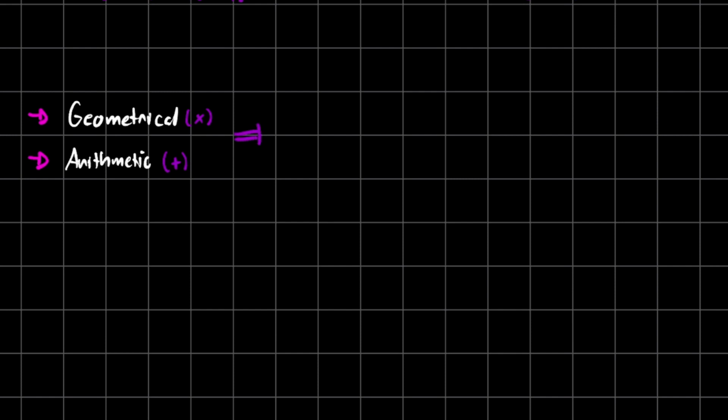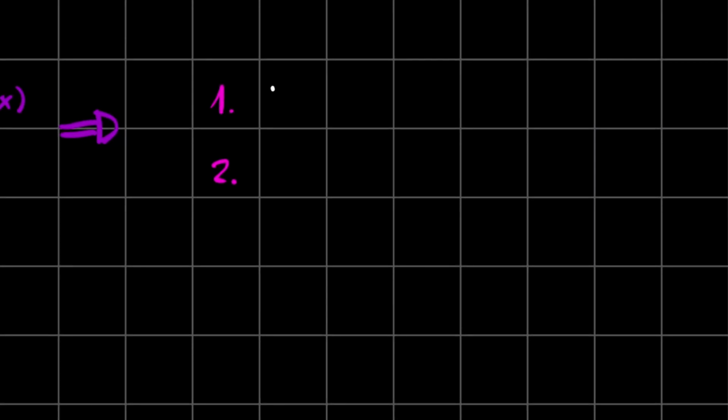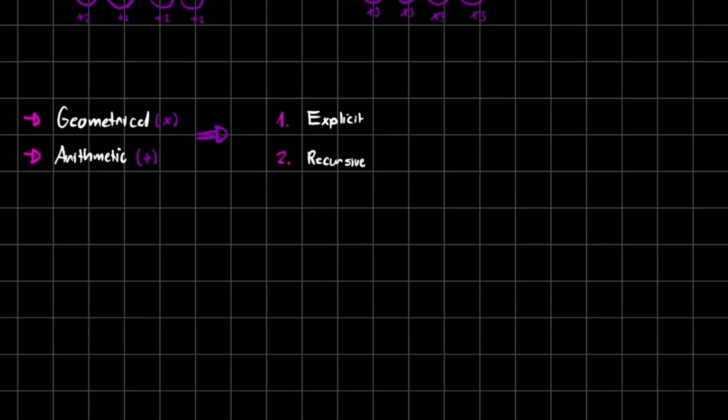We can represent these two in two formulas: the explicit formula and the recursive formula. I'm going to be explaining what each of these is, so let's proceed with that.